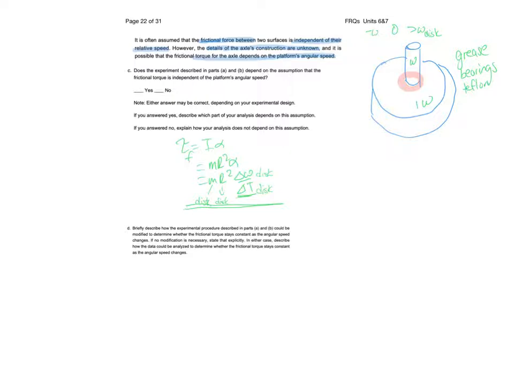So this situation, the disc slowing down, can occur whether the axle is going in the other direction, is 0, or is still greater than omega. We just don't know what the construction is. So it does not assume that the torque is independent of the platform's angular speed.